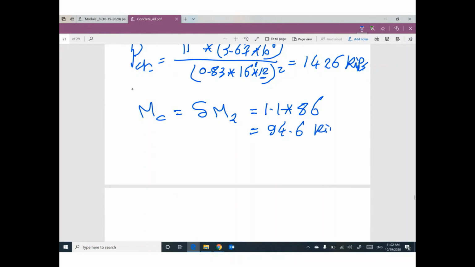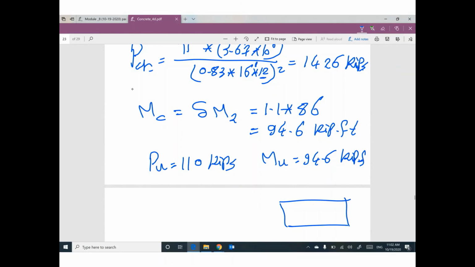So finally, we have P ultimate equal 110 kip, and we have M ultimate equal 94.6 kip foot, and we have a column with dimension 15 inch times 12 inch. Can use interaction diagram to figure out the value of rho.